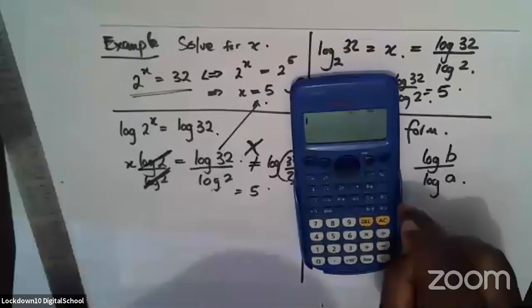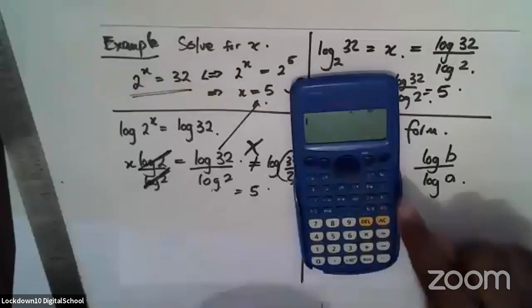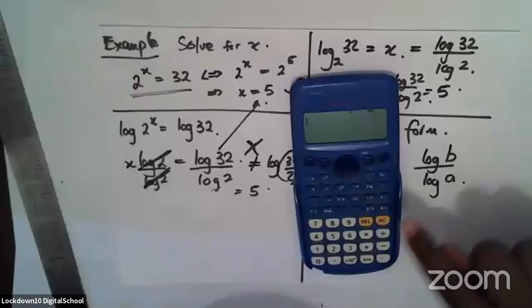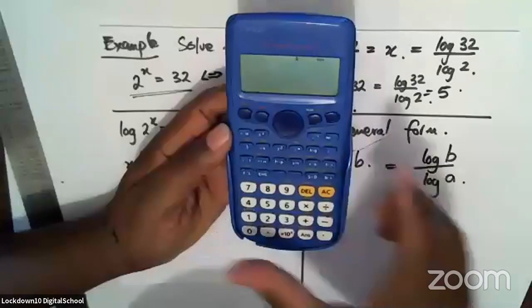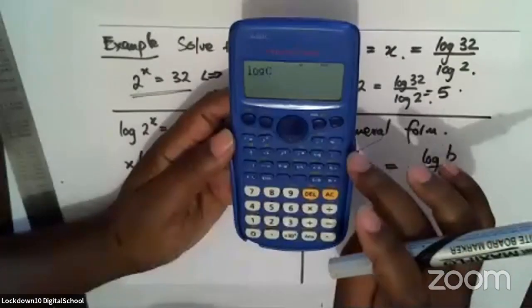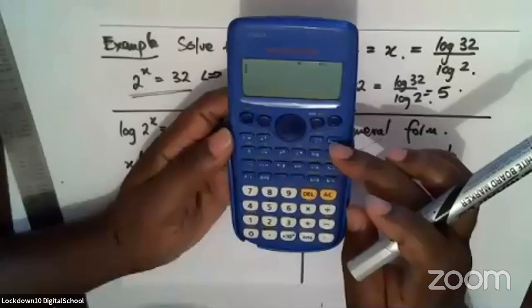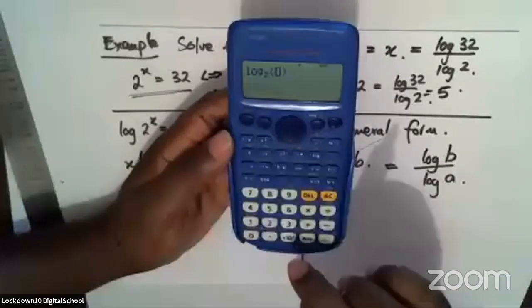So we have 2 log buttons. We have this one, if you punch, it just gives you log. And we have this one just before, if you punch in, it gives you log where you can also put the base, and you put 32.